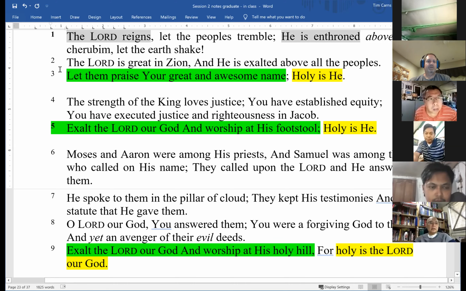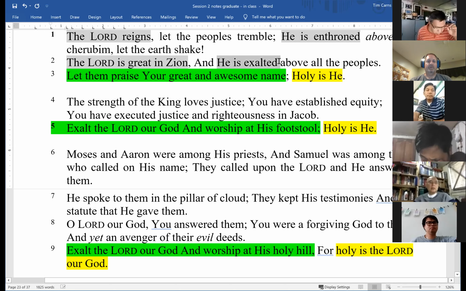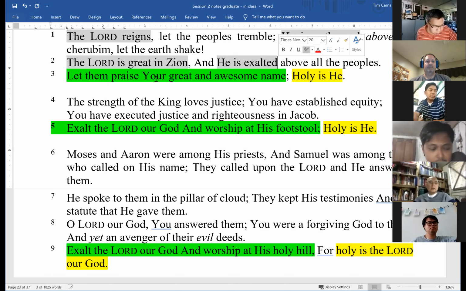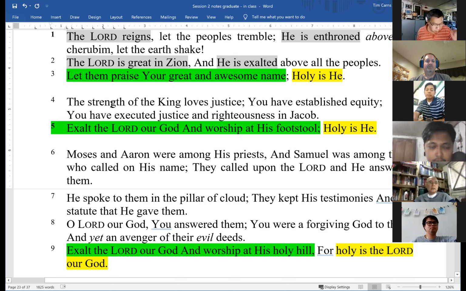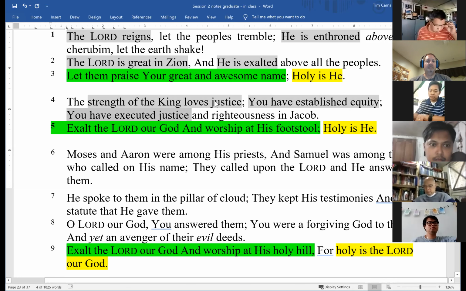The Lord is great. So there's these statements, okay? And then a command. Notice here, strength of the king loves justice. Statement. You have established equity. Statement. You have executed justice. Statement. And then a command. Exalt the Lord our God.